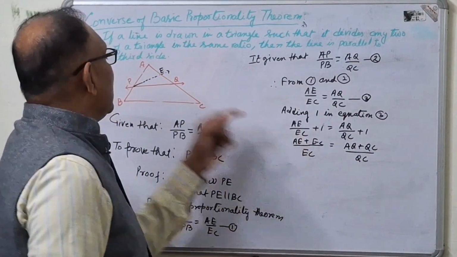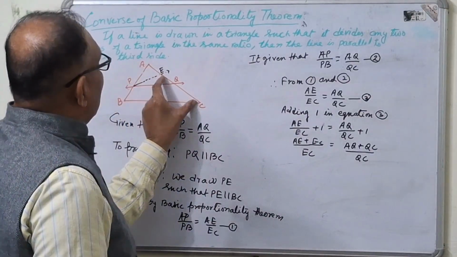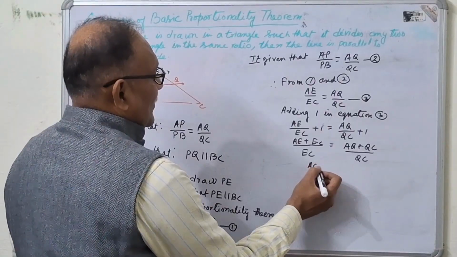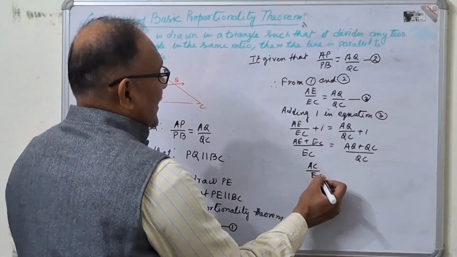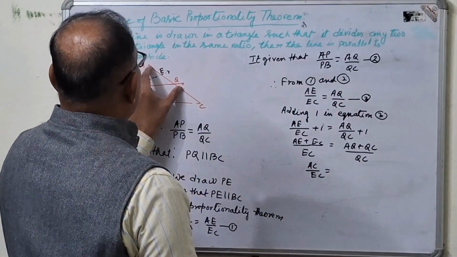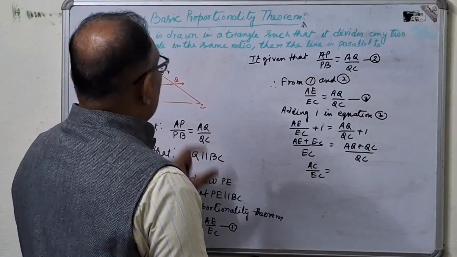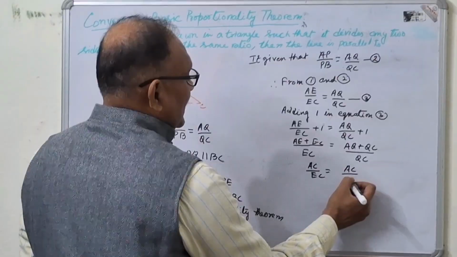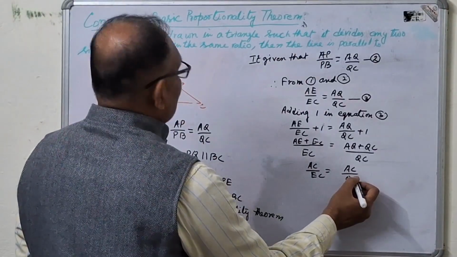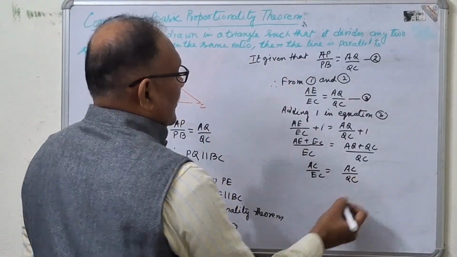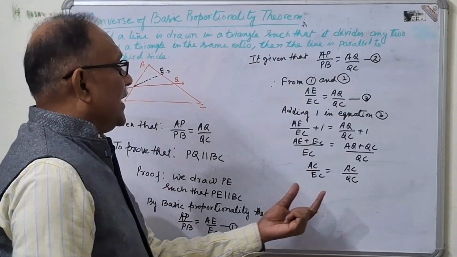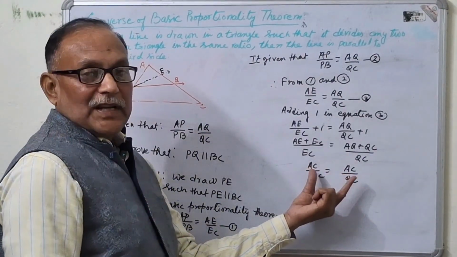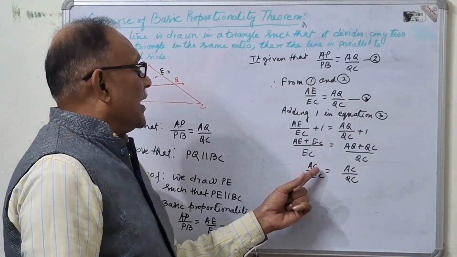Now AE plus EC will give AC upon EC, which is equal to AQ plus QC, which will give AC upon QC. Now in this equation, the numerators on both sides of the equation are the same.